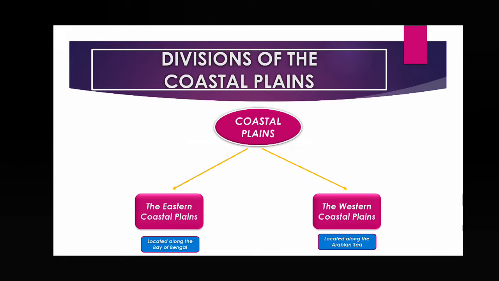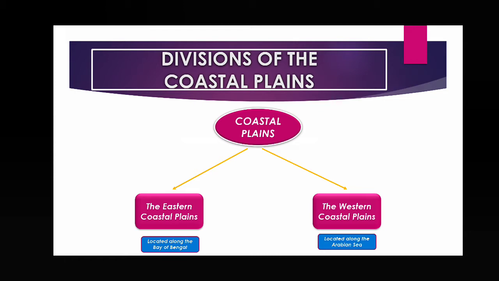Coastal plains are divided into two divisions according to their location. I have already told that one portion of the coastal plain is located along the Bay of Bengal on the eastern edge of the Eastern Ghats, and another is located on the western edge of the Western Ghats along the Arabian Sea.